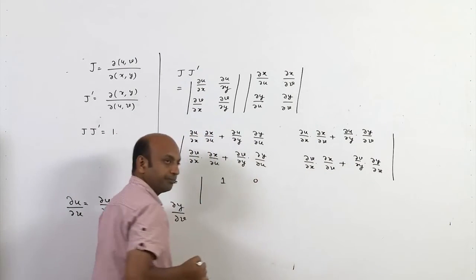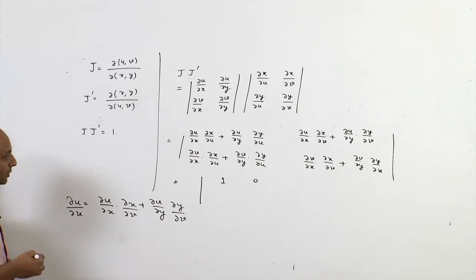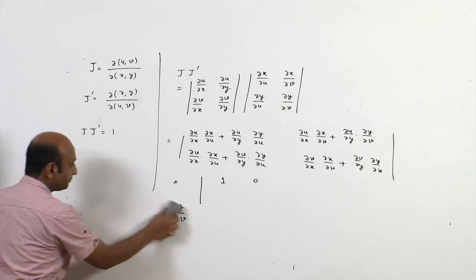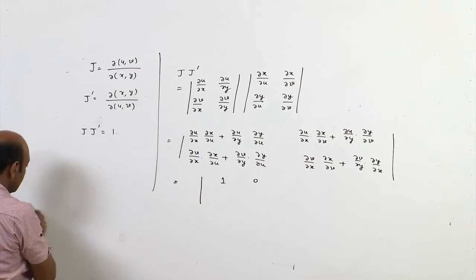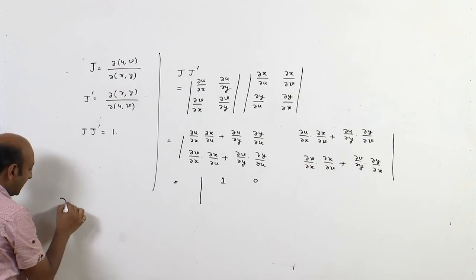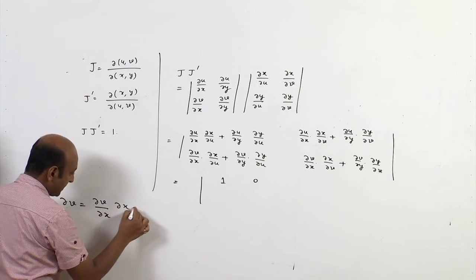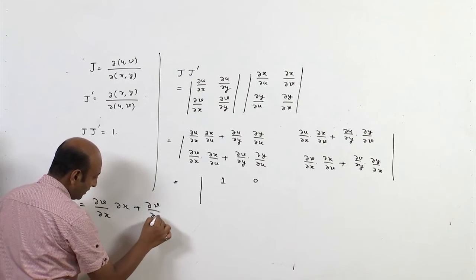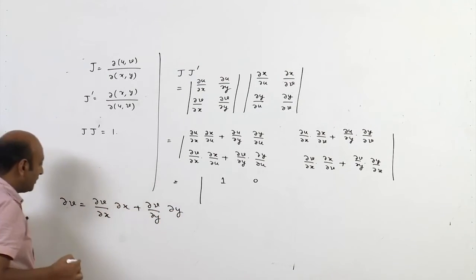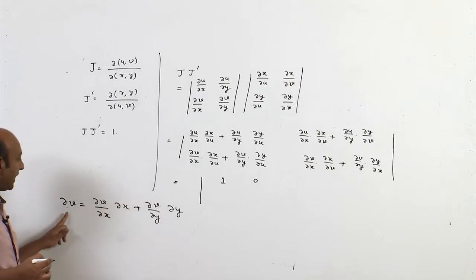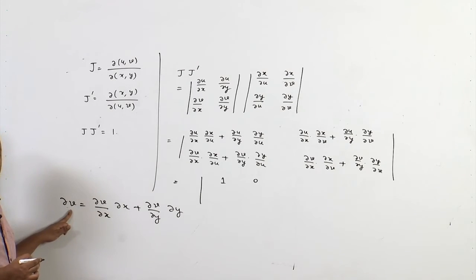Similarly, when you find del v, it is del v by del x into del x plus del v by del y into del y. You divide the entire expression by del u.